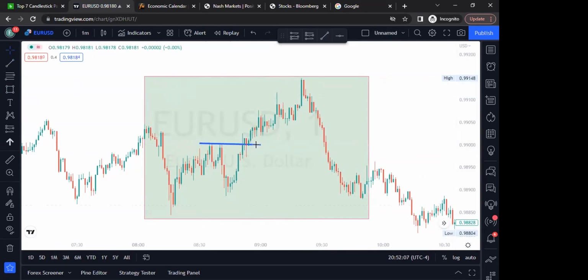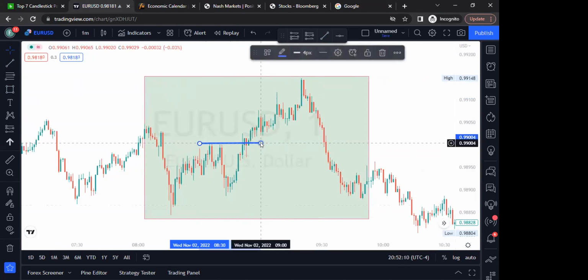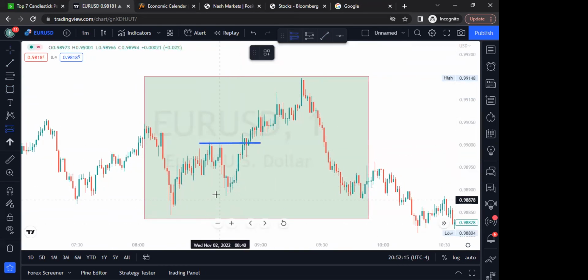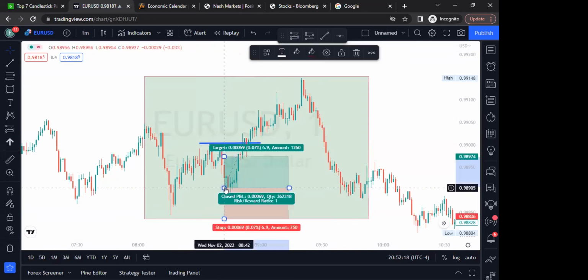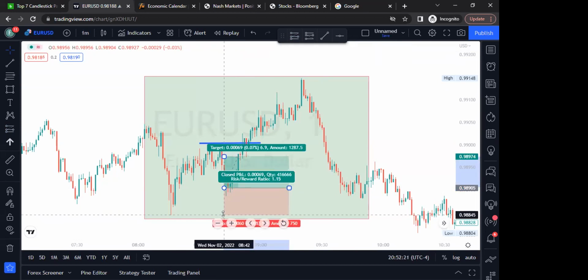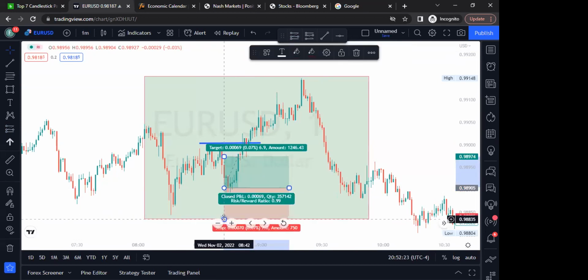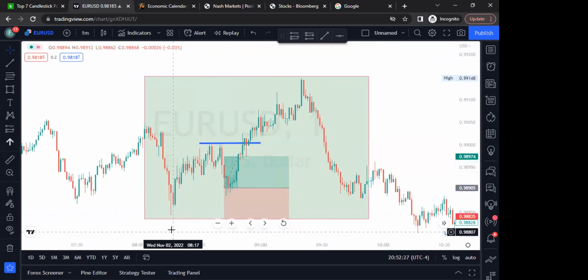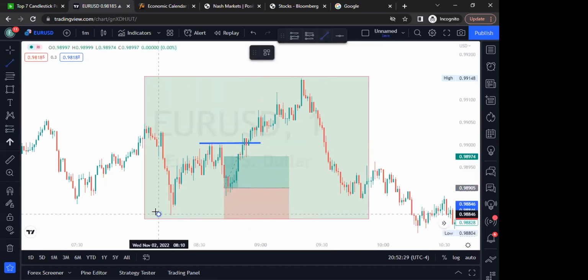And in this case, it's a high. So I'll place my buy order right about here. And always put your stop loss underneath the last low. As you can see, here's the last low right here. So make sure your stop.